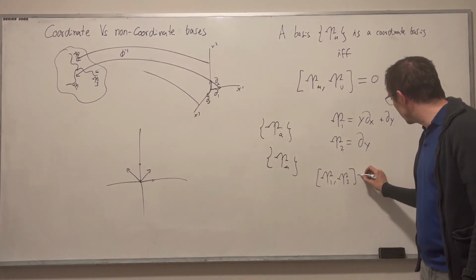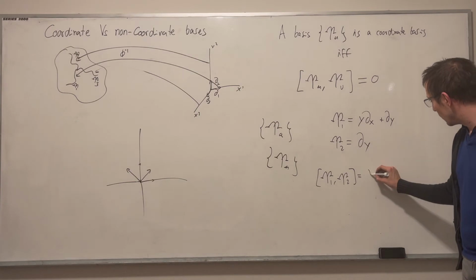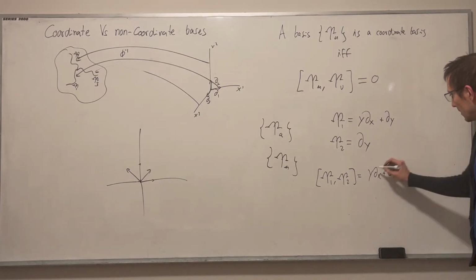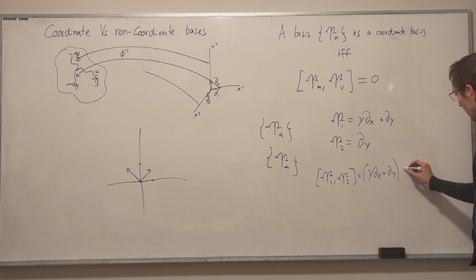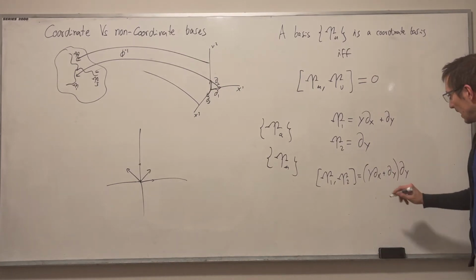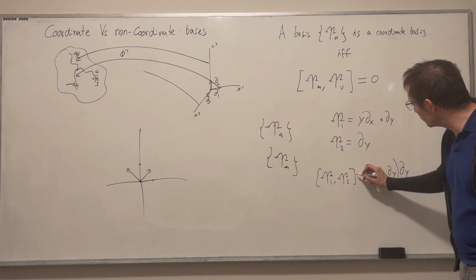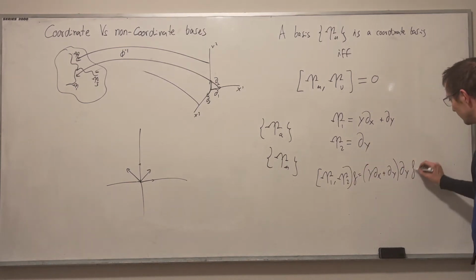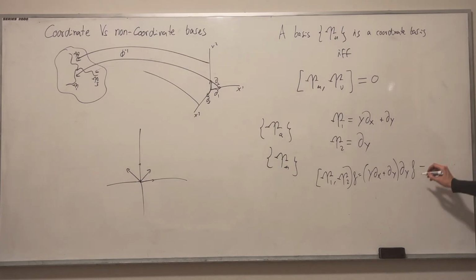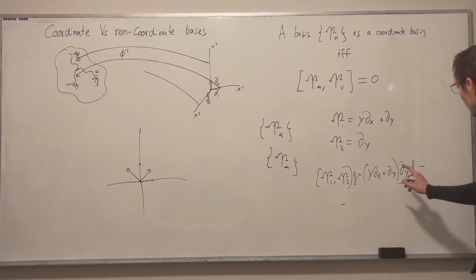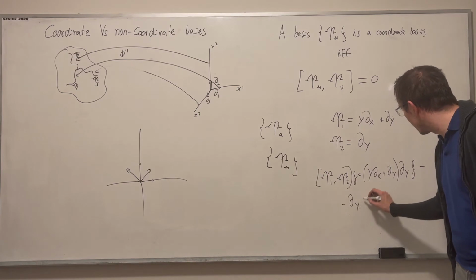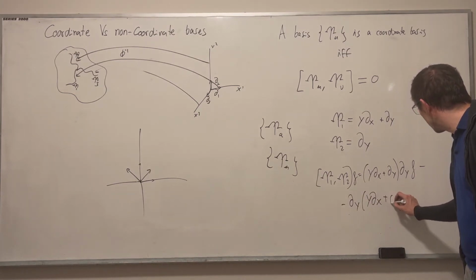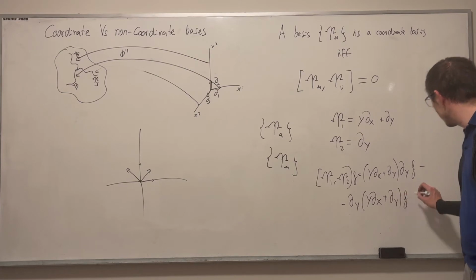If we do that, we get that epsilon 1 would be y partial x plus partial y. Then this thing acts on partial y. And let's act on a function to make it easier, because that's the easiest way to compute these things. Then acting on a function, then minus partial y, and then I get y partial x plus partial y, acting on a function.